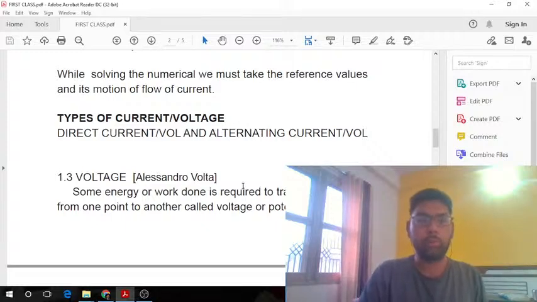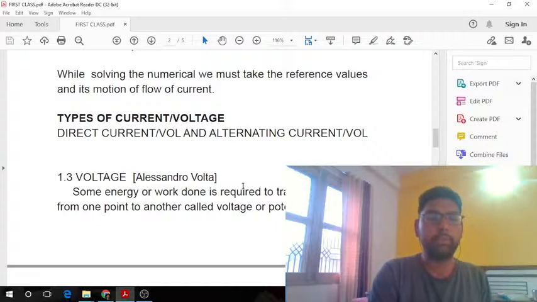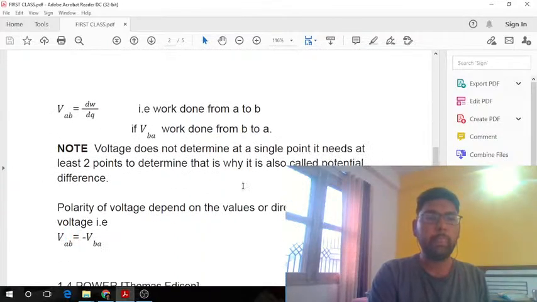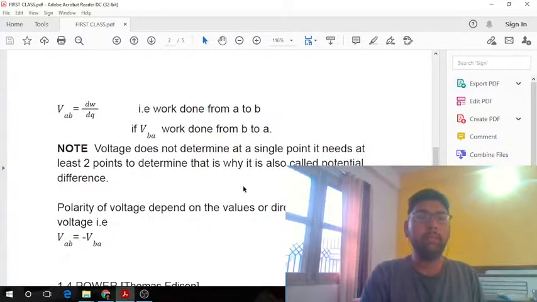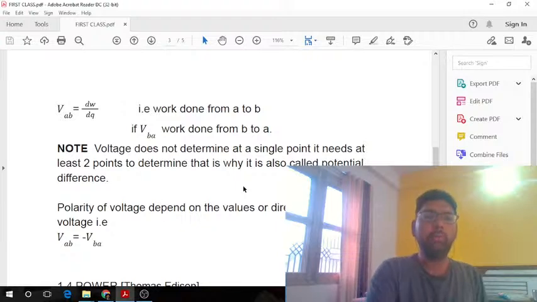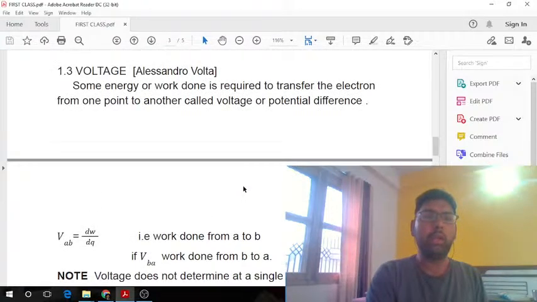That is called the voltage or the potential difference. V, we can define the voltage as a potential difference also.